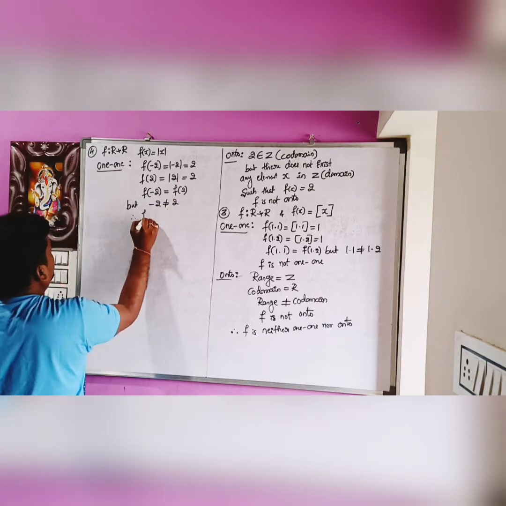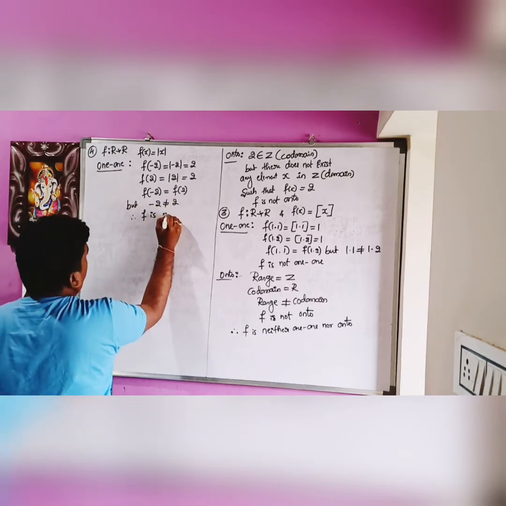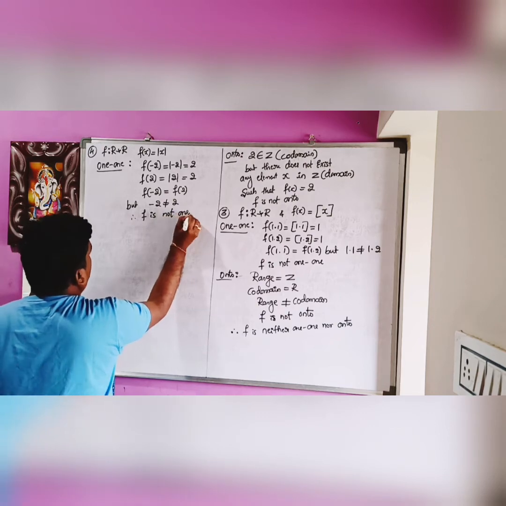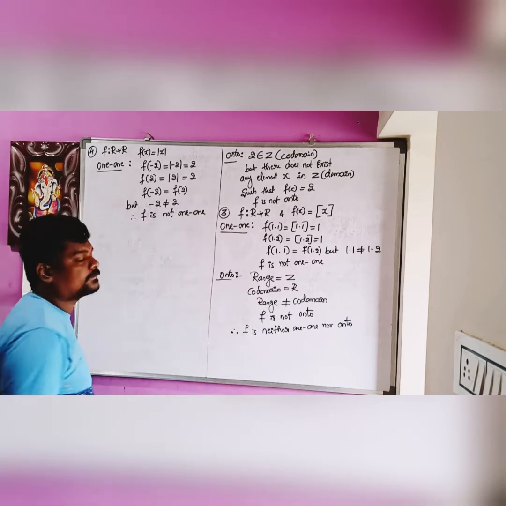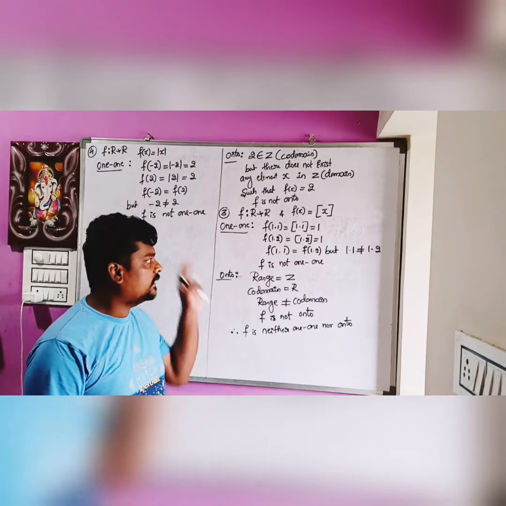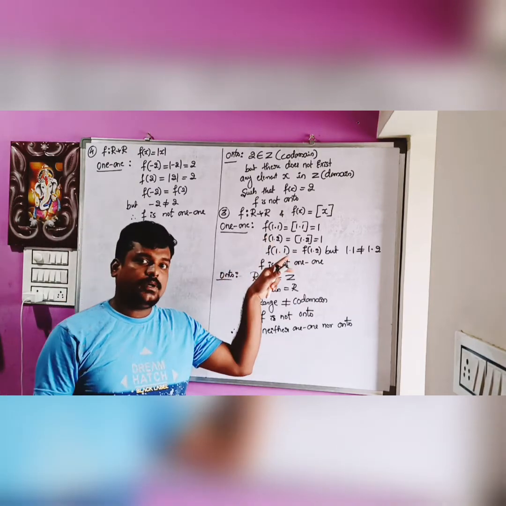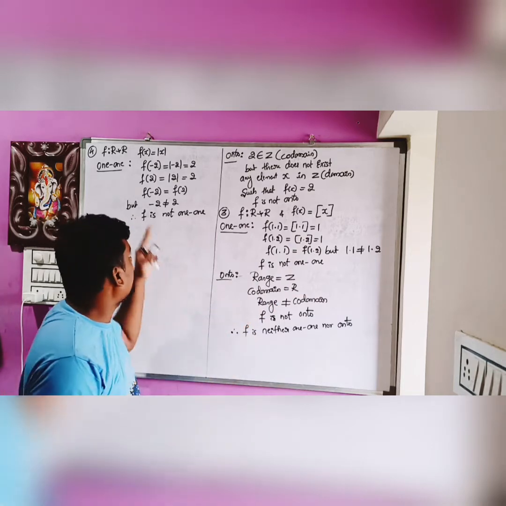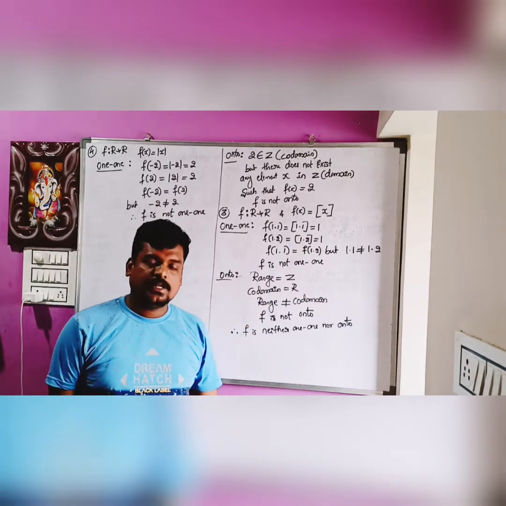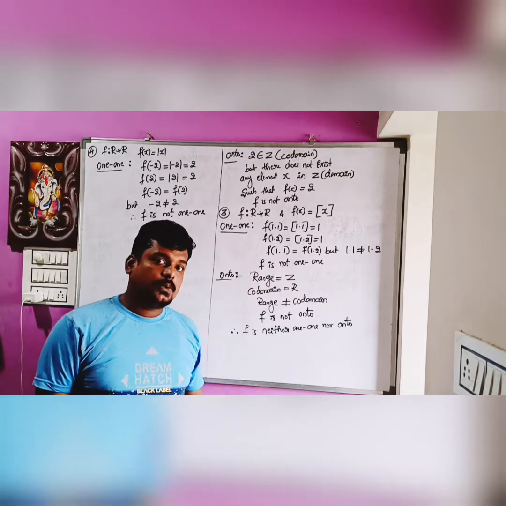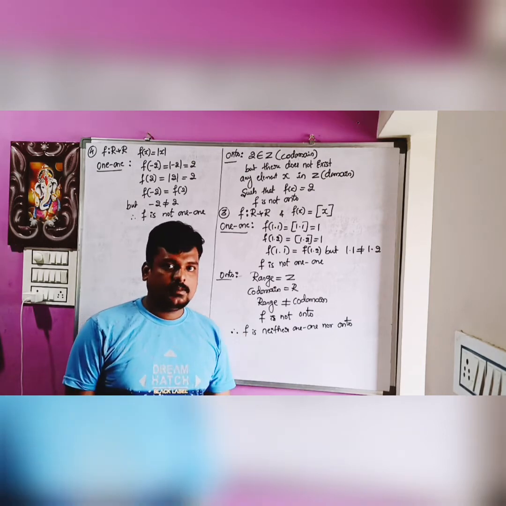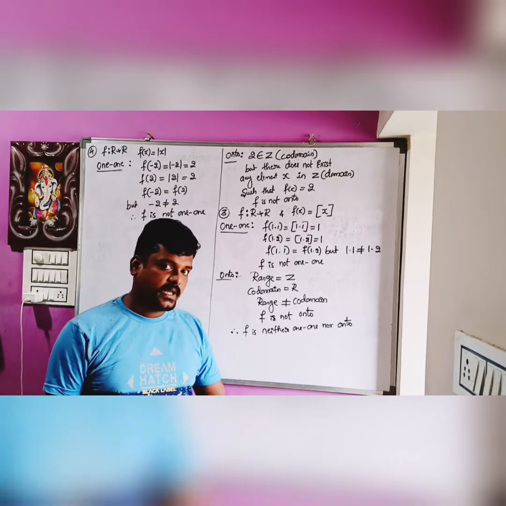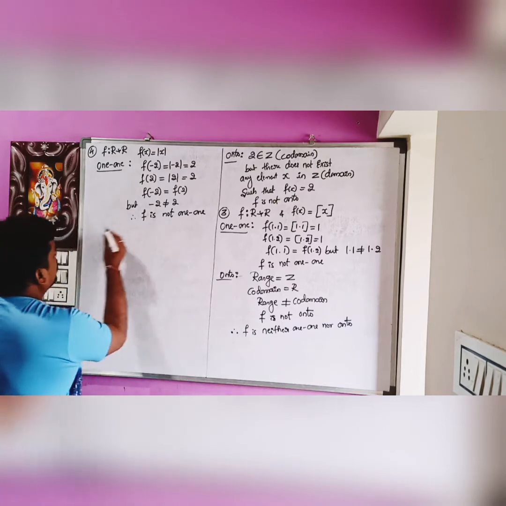This is enough for saying that f is not 1-1. Similarly, just as 1.1 and 1.2 have the same image 1, here minus 2 and plus 2 have the same image, plus 2. If two elements have the same image, then it is not 1-1. It is a many-one function.